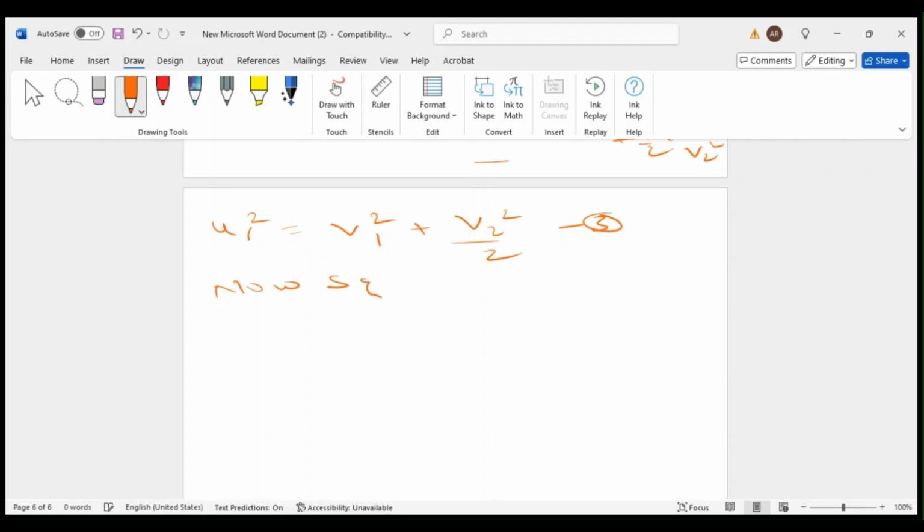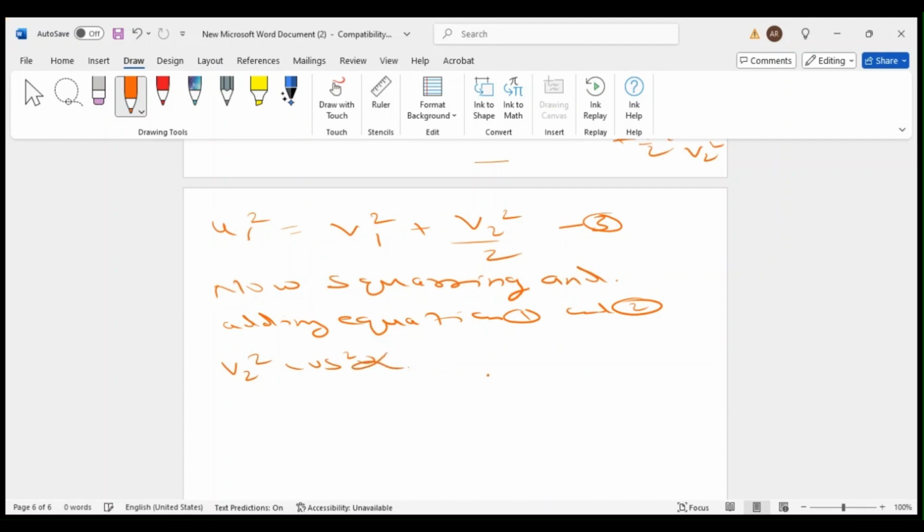Now, squaring and adding equations 1 and 2, we will get v2 square cos square alpha is equal to (2u1 minus 2v1 cos theta) whole square, and v2 square sin square alpha is equal to 4 v1 square sin square theta.